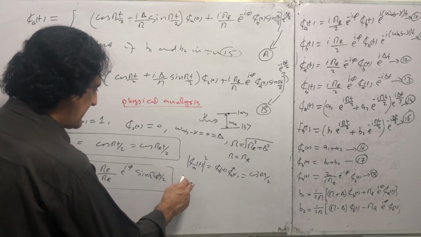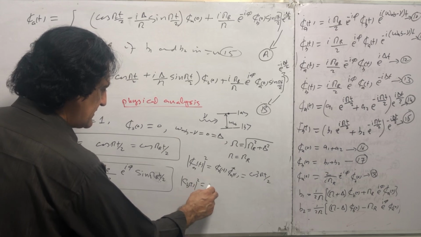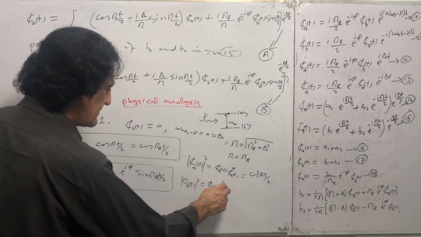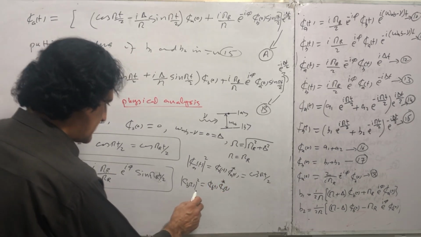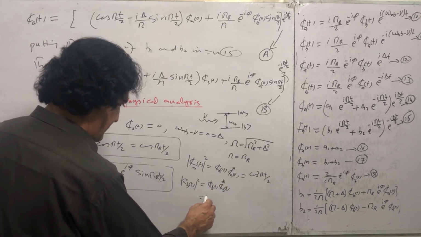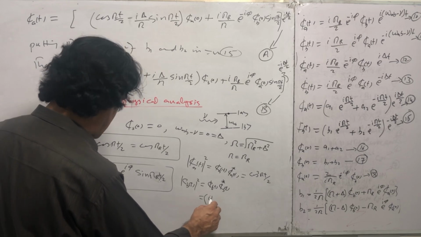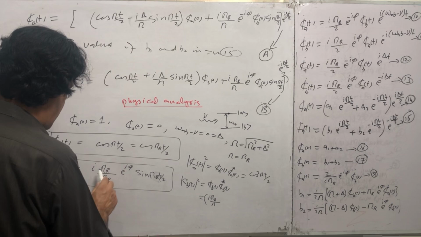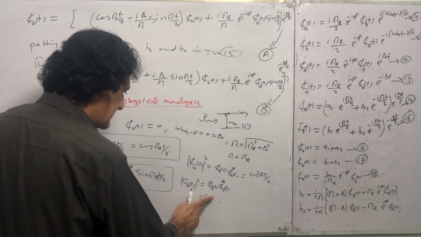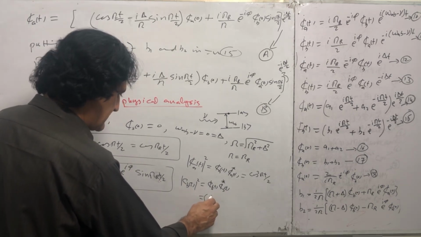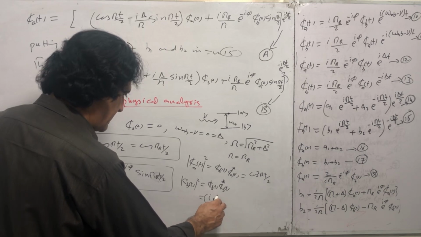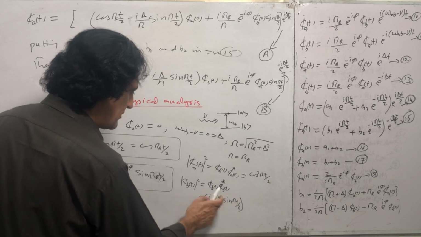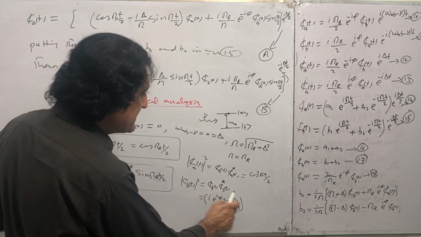And from here, Cb of t absolute square is Cb of t and Cb of t star. It should be noted that if we put the value of i omega r divided by omega r, the omega r will be cancelled out. So this is i e to the power i phi sine omega t divided by 2. And what about Cb star?